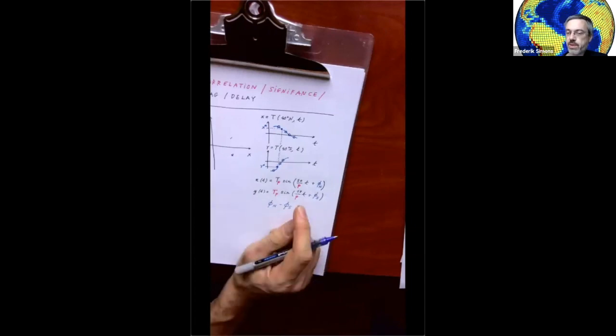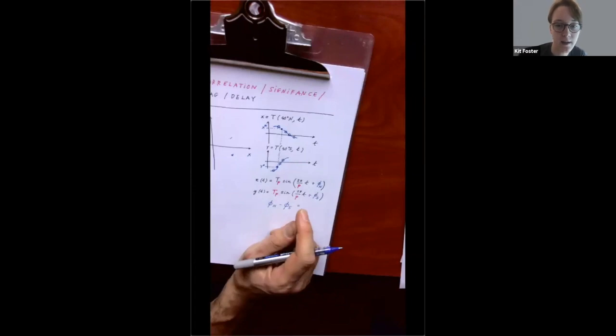What does that imply for a sine to be completely out of phase? That when they subtract, they get 90 degrees, right?